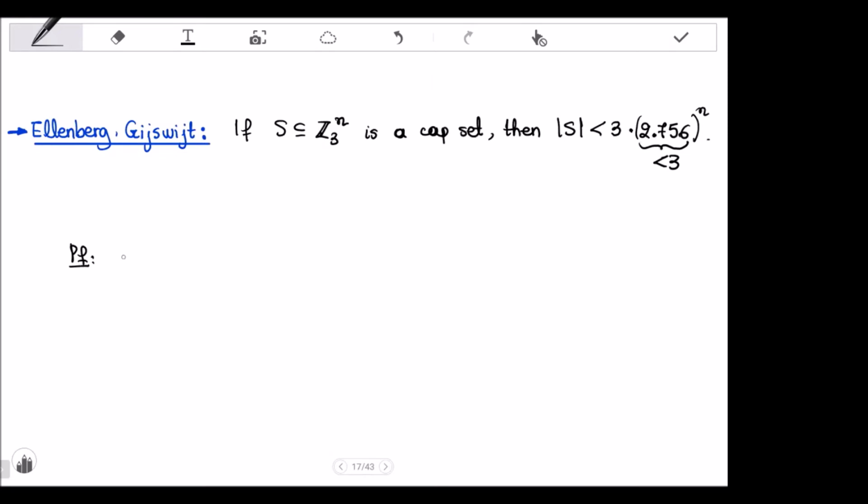So, all right, we fix S, a cap set, in Z3 to the n. The goal is to construct an interesting K-tensor out of it.